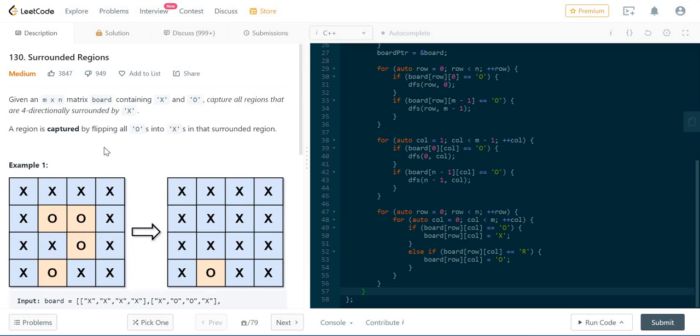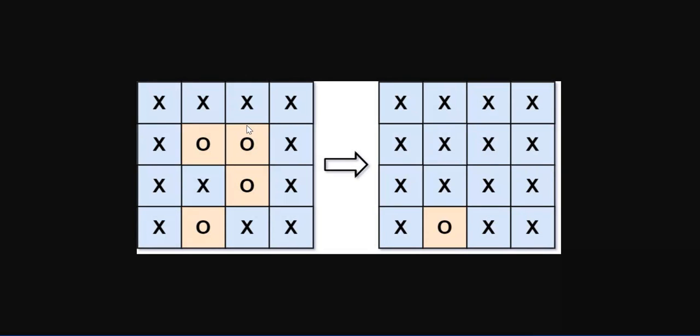So now let's slowly and steadily build the approach to solve this problem. Let's consider a general cell, not in this particular test case. A particular O on the board can be flipped if it's not on the border, or first of all, let's consider just the border.